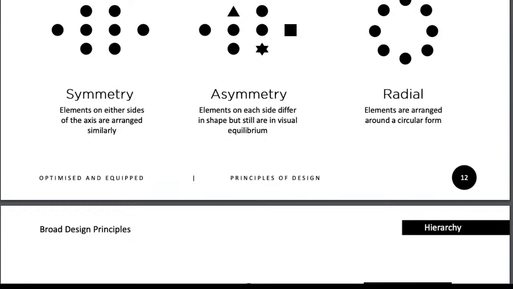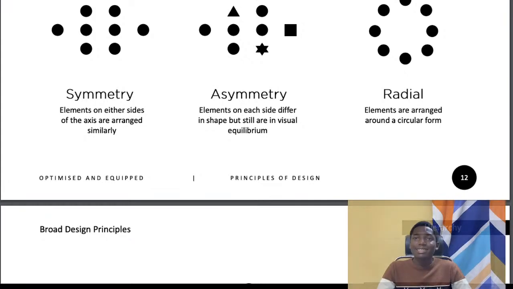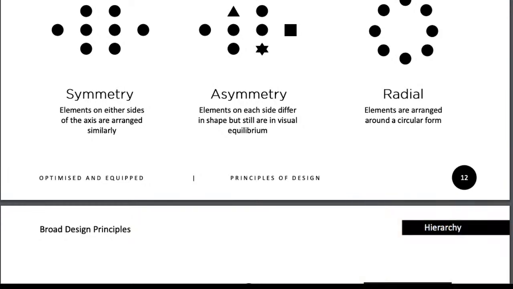So it will not be like you are putting an icon on this side, and you are not balancing it with another icon that resembles it. There's a way in which you can design so that the image and the text will not be on the same axis, and they are needed to be on the same axis.